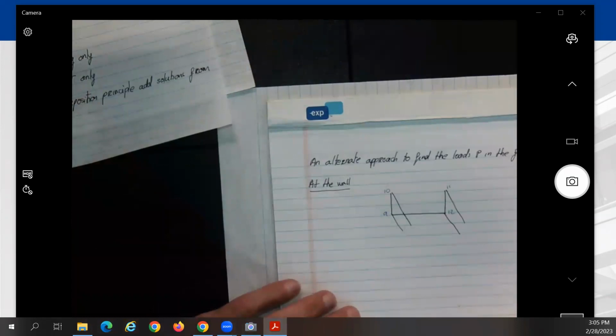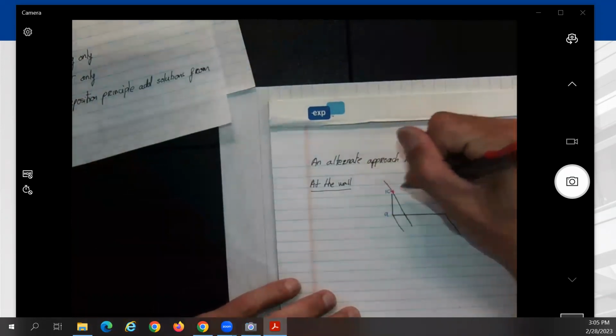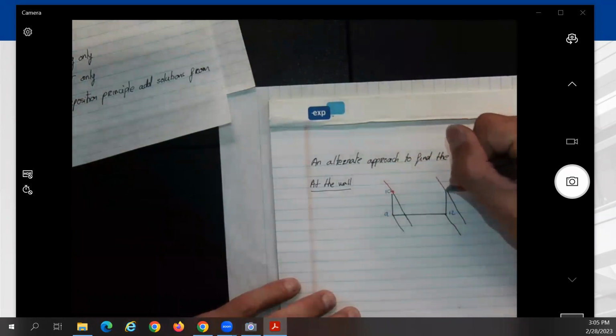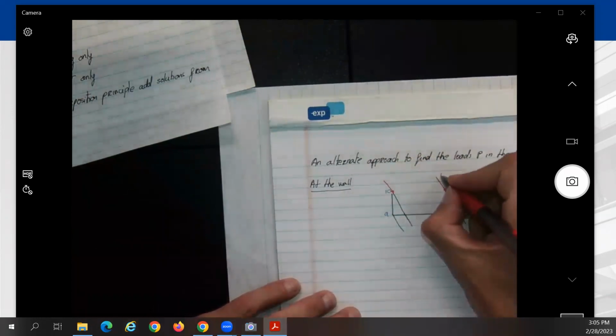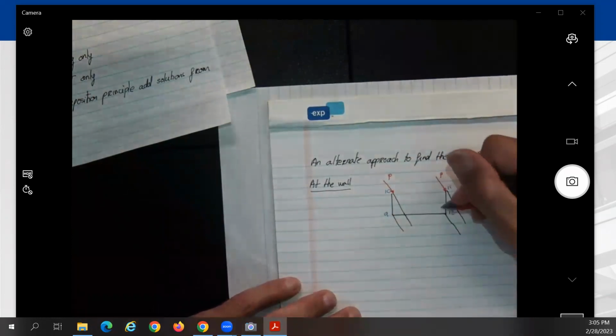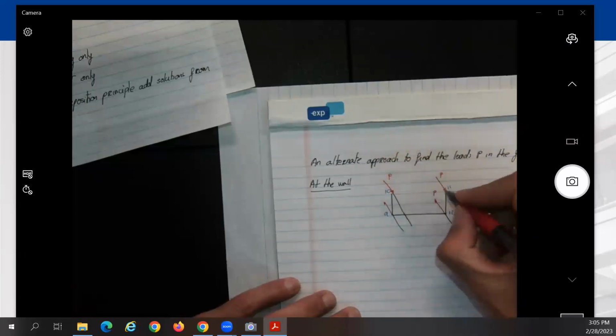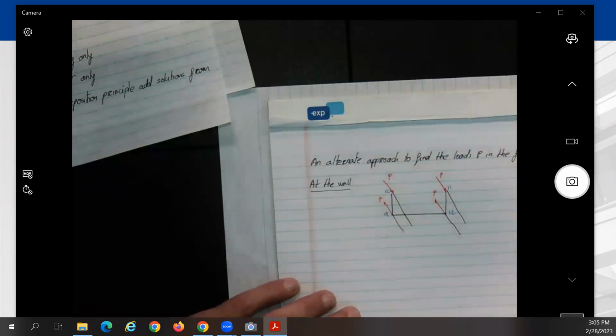Okay, so if I look at the load along these stiffeners, if the top is in compression, what does that mean? That is going in, so this will be P. And if it's in tension, it means that the load will be going that way.